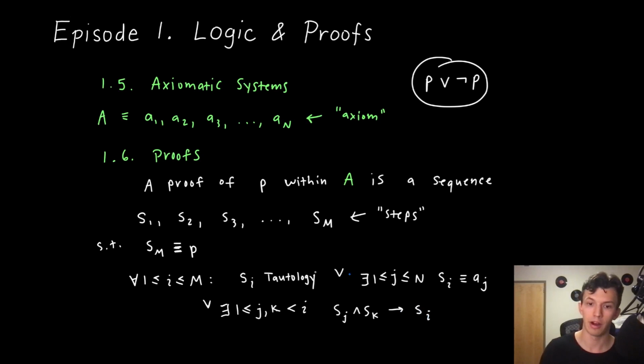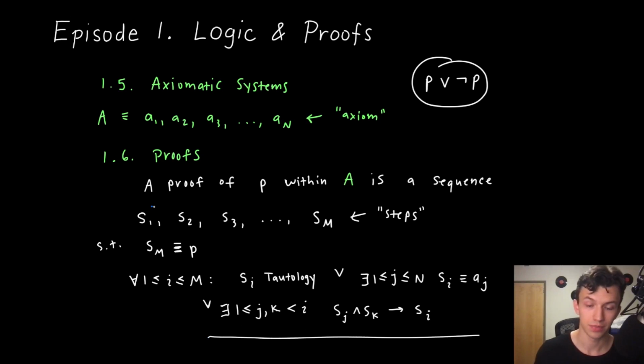This is where all the power comes from in proofs, because you could import tautologies into your proof as steps, you can import axioms, but you're not going to get any new insights until you use this third thing here, which is implication, which is yielding something new. You take two things, you put them together, and then you get a new result. That's what this is all about.